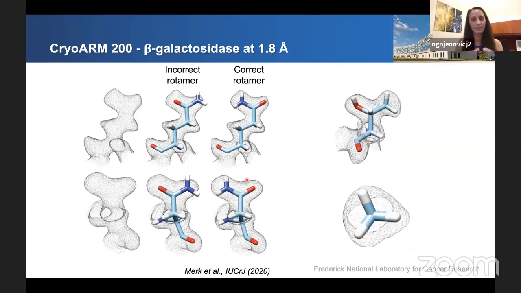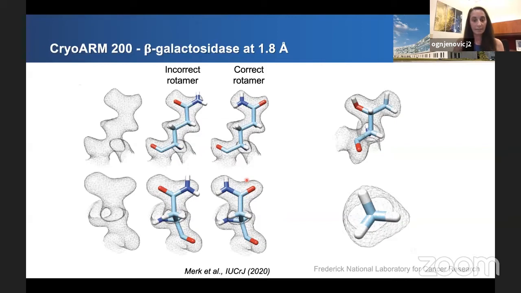They have similar densities and they are indistinguishable in the maps at moderate and low resolutions. It is estimated that the average error rate of fitting the NQH rotamers is around 20%. And there are even some software packages like NQH Flip that deal with this kind of issue and are able to flip any incorrectly assigned rotamers.